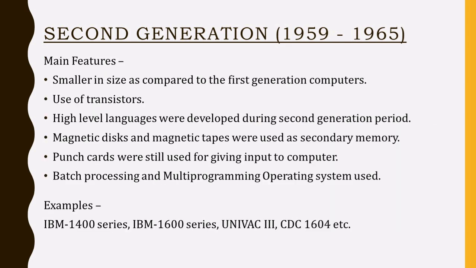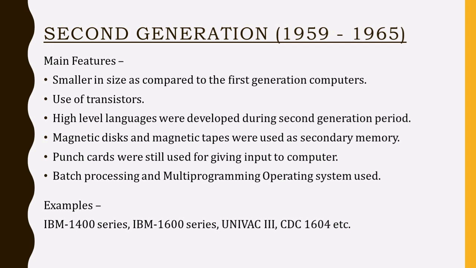Now let's talk about the main features of second generation computers. They are smaller in size as compared to the first generation computers. They use transistors. High-level languages were developed during the second generation period. Magnetic disks and magnetic tapes were used as secondary memory.